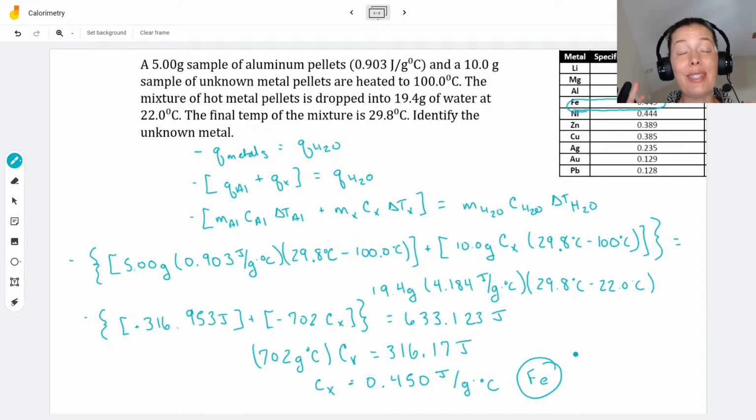This was a lot of algebra, and it's easy to get lost in it, especially with the negatives and such. Again, this is why it's helpful to have your algebra skills down and be comfortable with them before you start learning the chemistry on top of it.